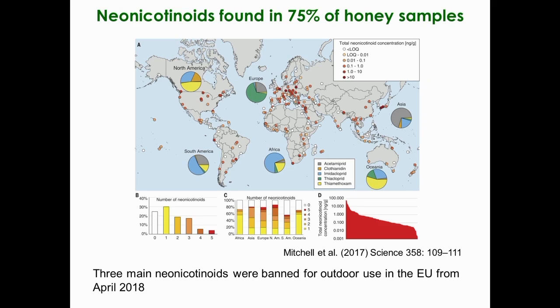So it's both impacting the life cycle of these insects, but it's also affecting the products. And when we have data like this, showing that the product we want to acquire from the bees is being contaminated by these insecticides, people do start taking more notice.